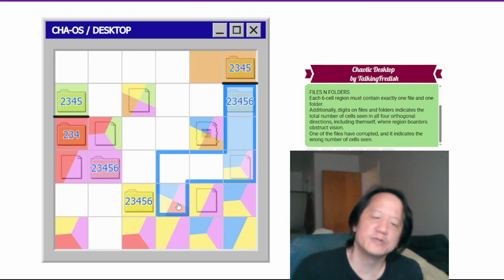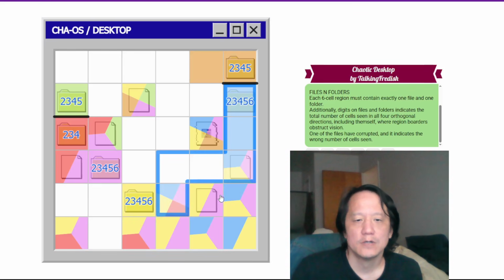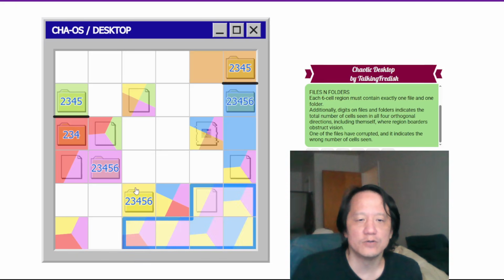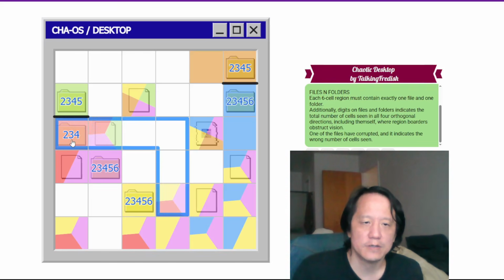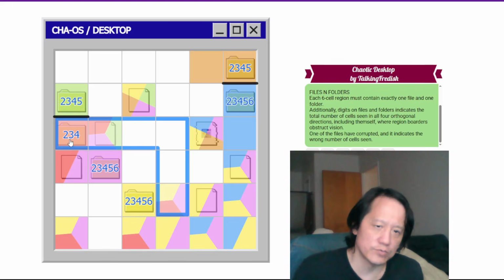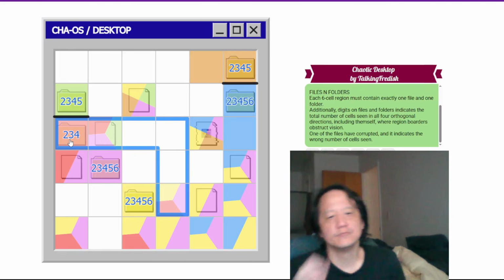But if it tries going this way, we have 6 cells which can only get to yellow. Because these cells have to go this way, but that's 7 cells in yellow, which is not allowed, so this can't be blue. What about red? You could do red there.